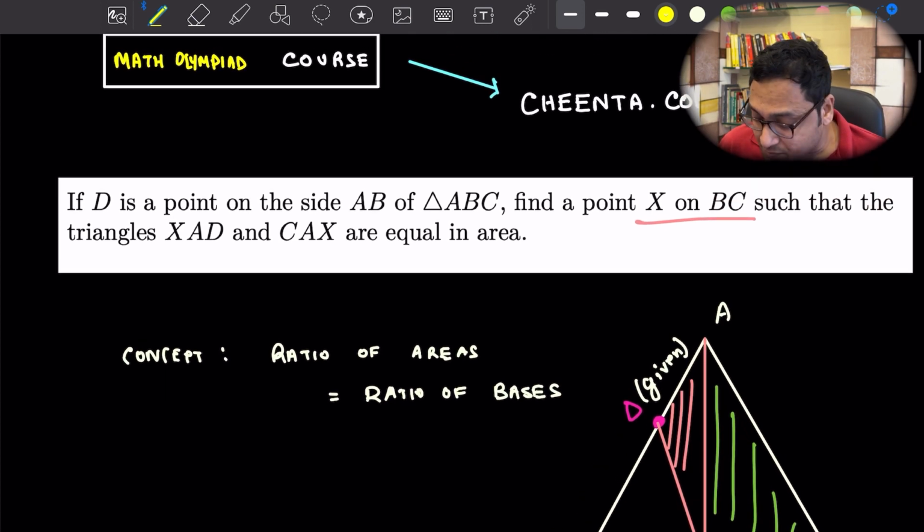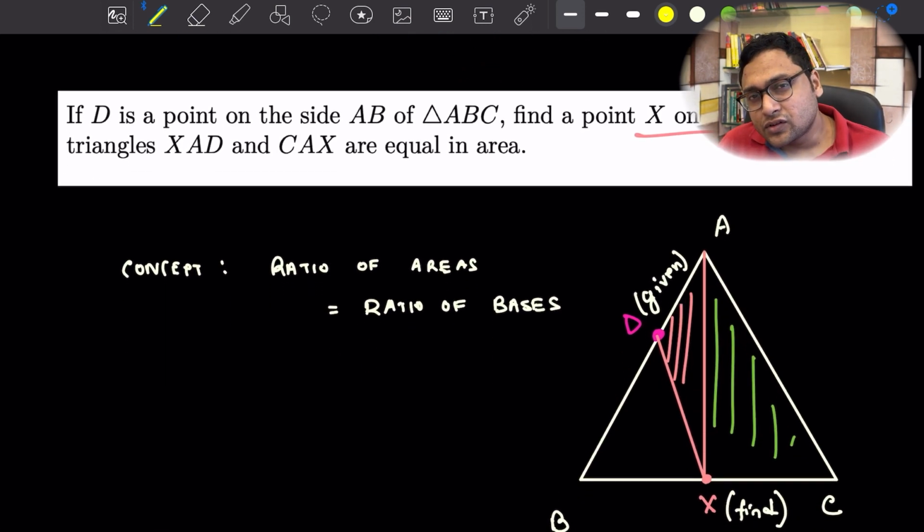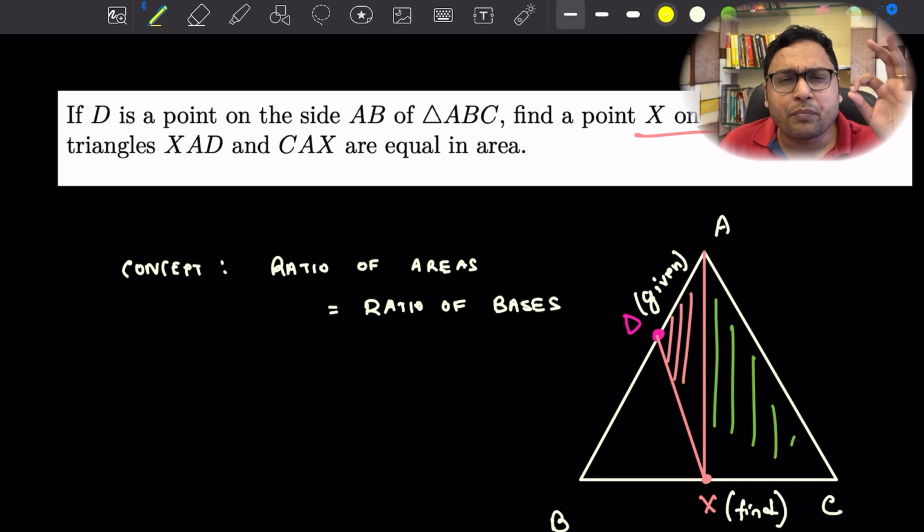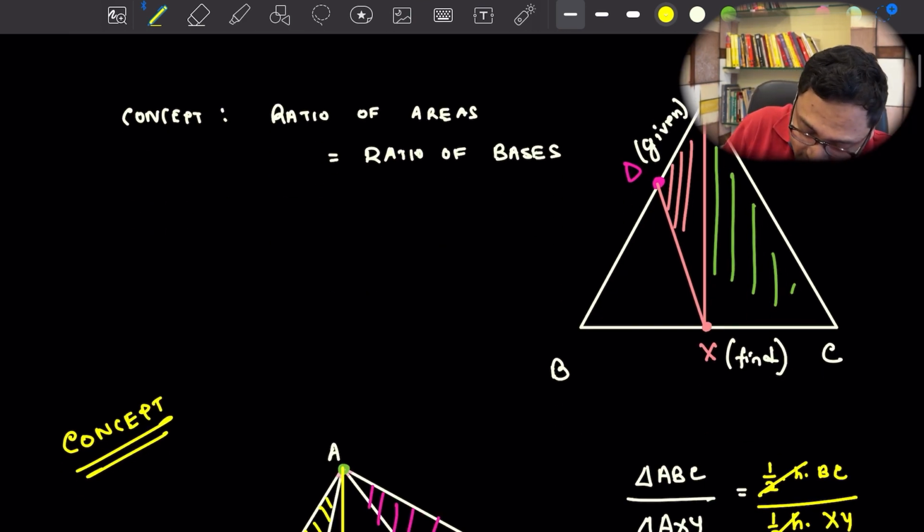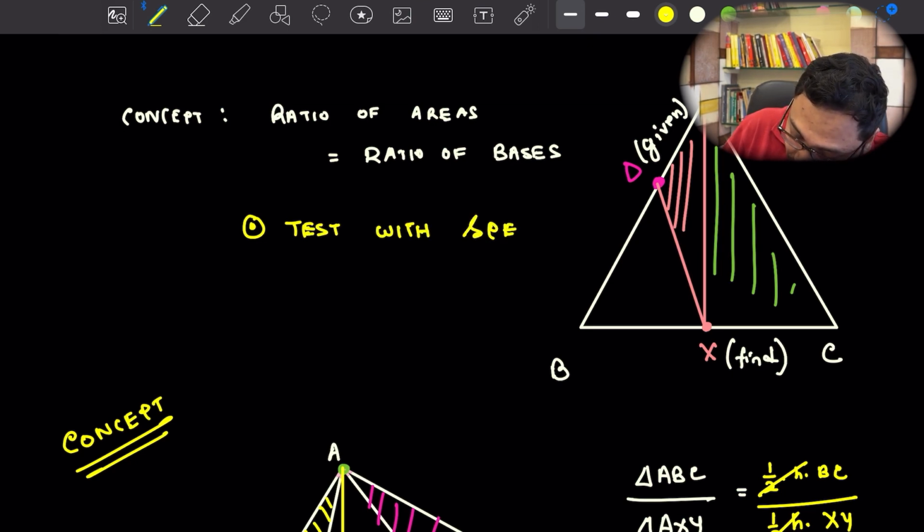So while we discuss this problem, we will talk about a very powerful problem solving strategy. It's called test with special cases. So here is a strategy: test with special cases.